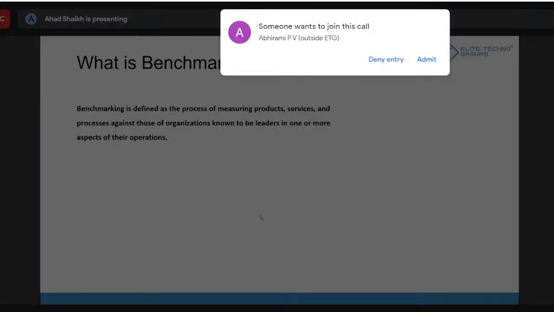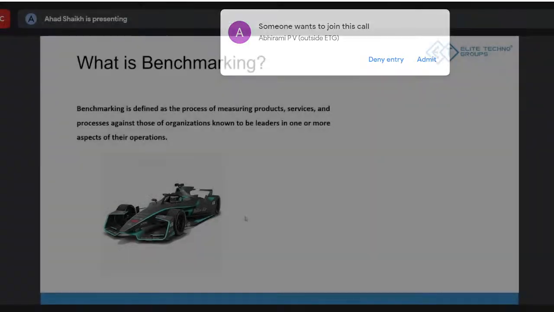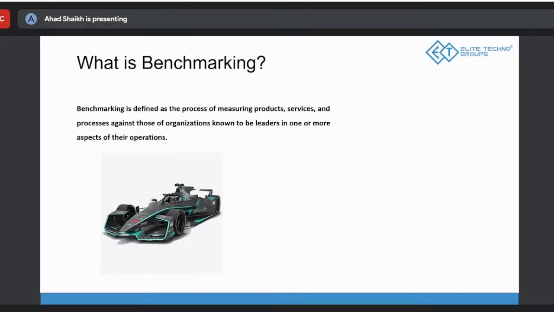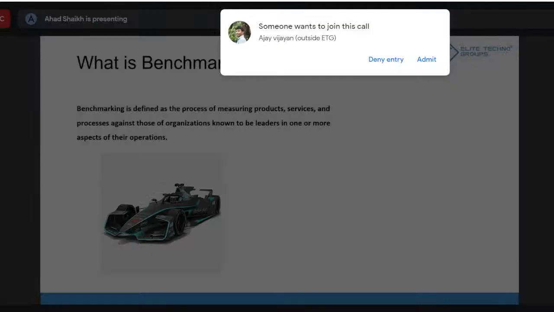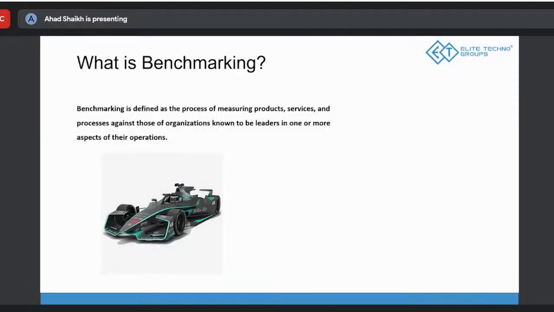For example, let's say you are a member of a formula team and you have built your own car. To make it more competitive and get the best out of it, you can compare it with other formula cars. Based on what specifications they are using, if it's an e-formula car, you can see what type of motor they are using, the battery size, the aerodynamic shape and all such things.